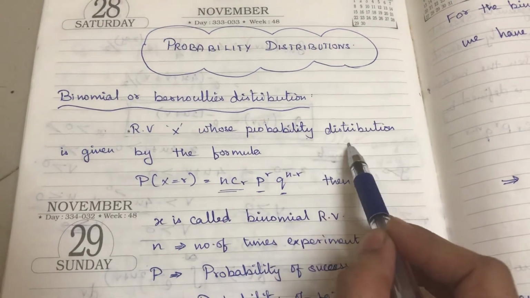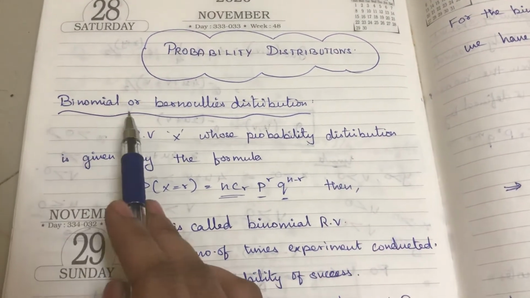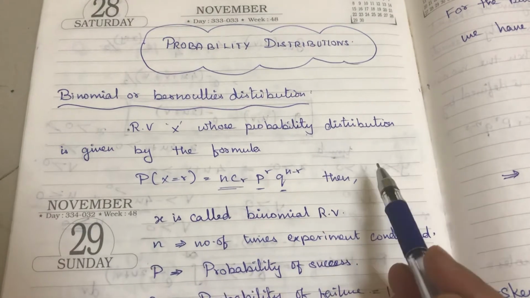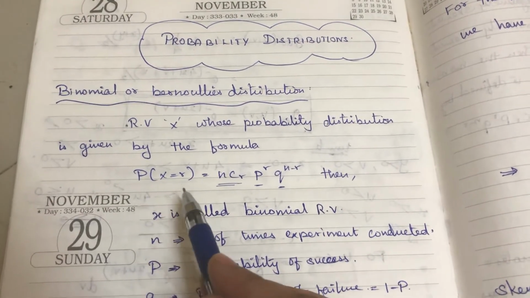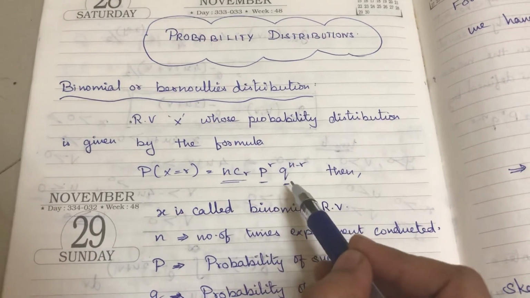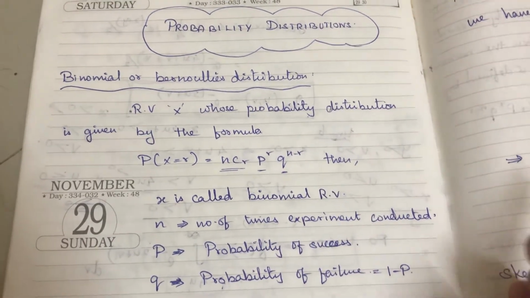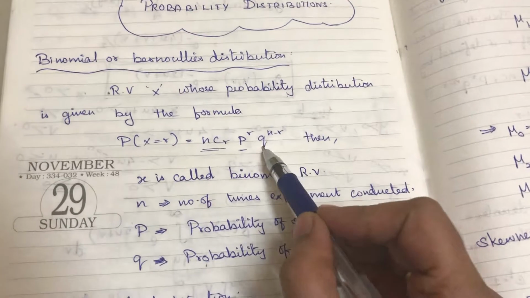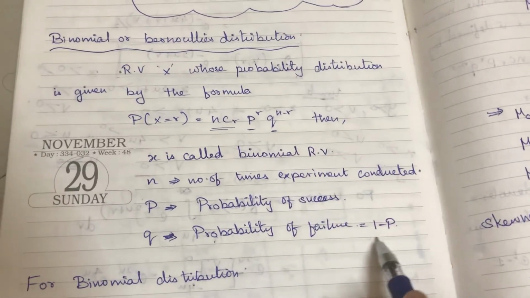The probability distribution according to the binomial will have this formula. Here q is nothing but 1 minus p.